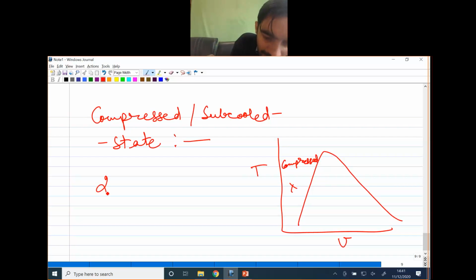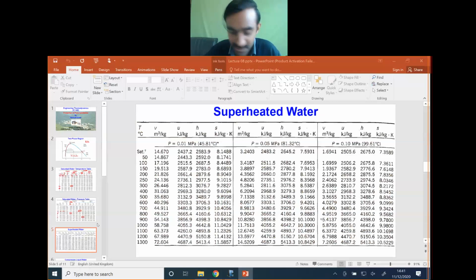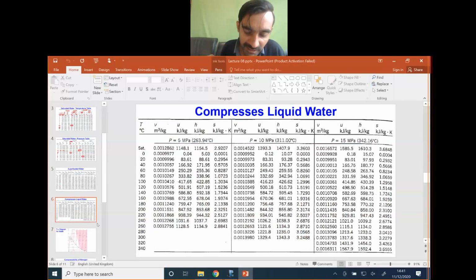For the compressed state also we require 2 thermodynamic properties to specify the state. So it means that the tables of the compressed state are exactly identical to those of the superheated state.